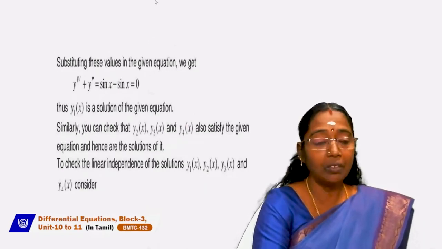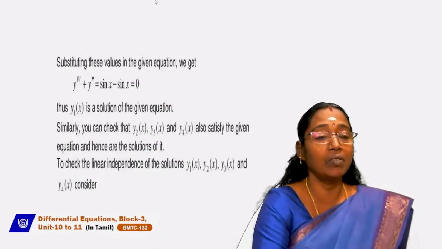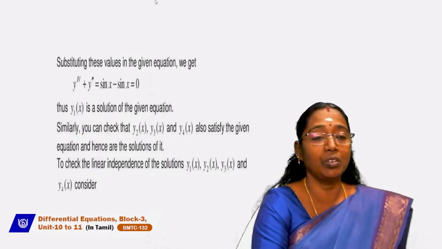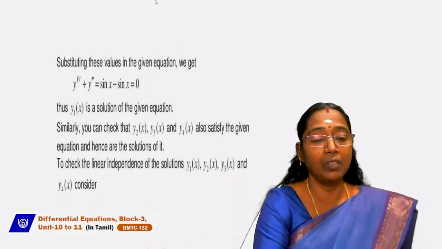Therefore, y1 of x equal to sin x is a solution of the given differential equation. Similarly, you can check for y2, y3 and y4. All of those will satisfy the given equation, and hence y2, y3 and y4 are solutions of the given differential equation, namely y fourth derivative plus y double dash equal to 0.